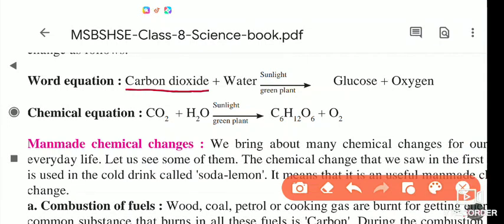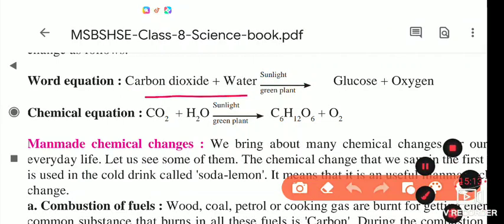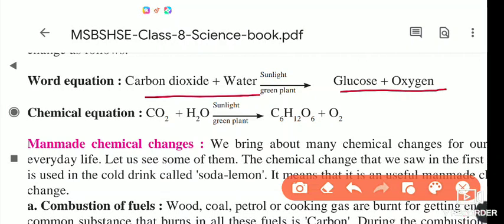and water absorbed by the roots. They take the carbon dioxide from the air and the water from absorption. Inside, when sunlight is present, the green plants perform the reaction that is called the photosynthesis reaction. In this reaction, carbon dioxide and water are the reactants, and glucose and oxygen are the products.